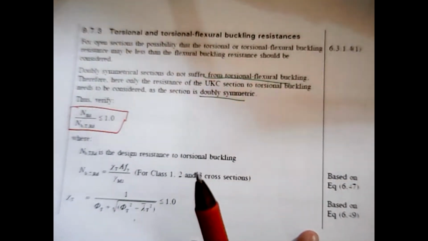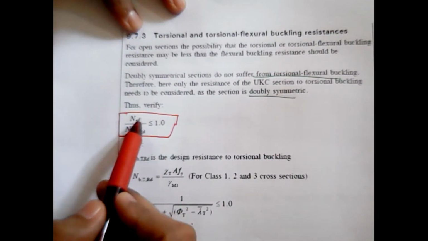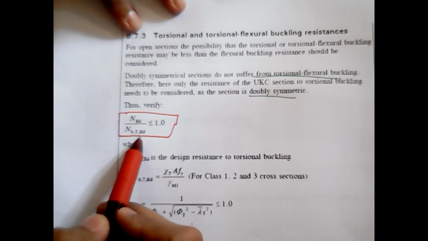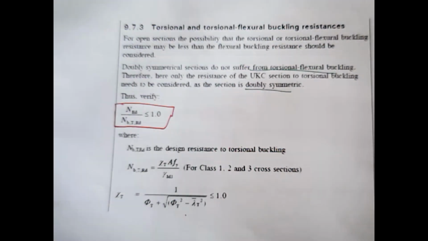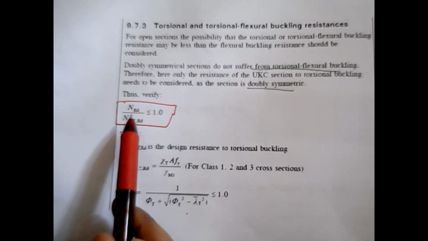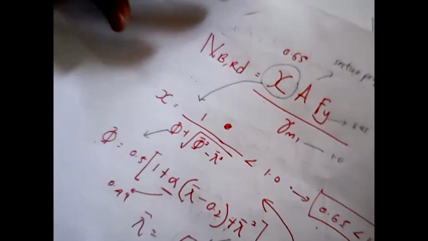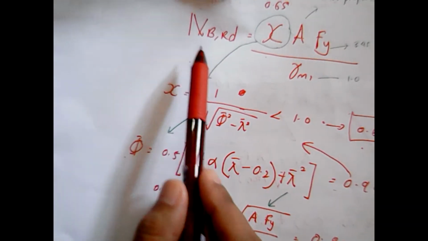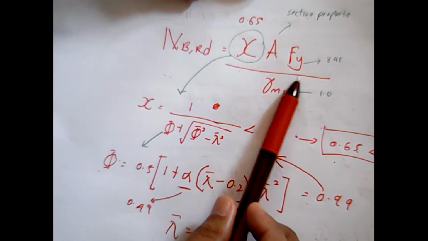Now let's look at our examples. As I said earlier, you need to do the verification for NEd over Nb,T,Rd. So what is Nb,T,Rd? Basically, it is similar to what we have done before for Nb,Rd, if you still remember, which is the reduction factor times the area and so on.